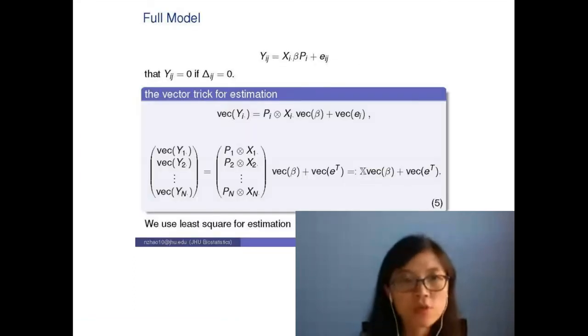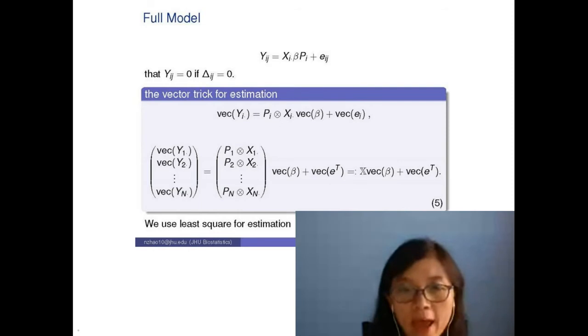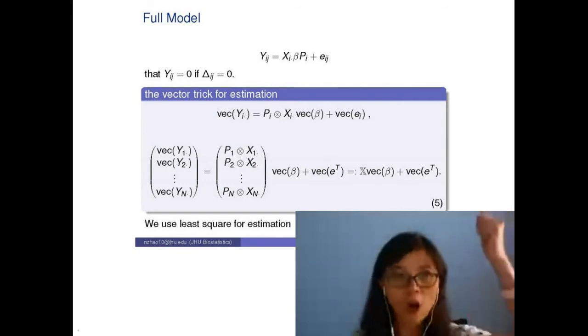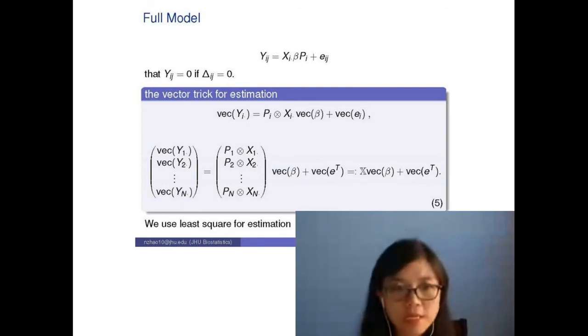What we do is use something like a vector trick. Essentially, the general idea is that our Yij is a single number, but if you look at it all together, your Y is an n by T matrix, and all the operations are in matrix form. What we do is stretch out all our Y's. We stack the second column of Y after the first column of Y, and the third column after that, and so on.